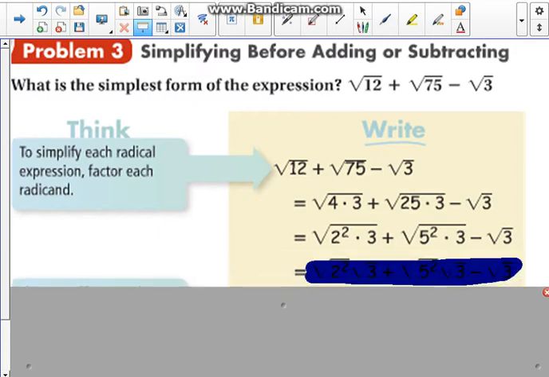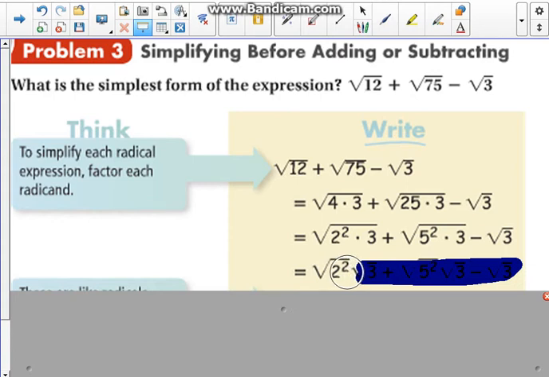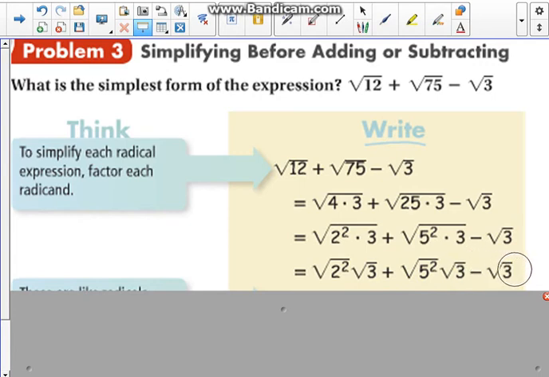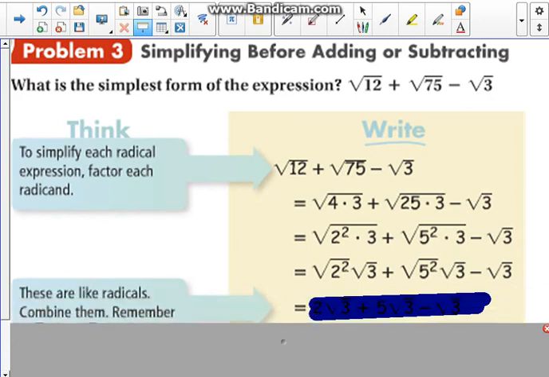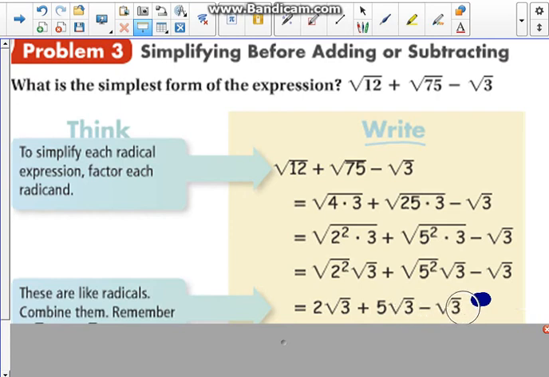Now let's continue on. So now we can separate these out. The radical 2 squared times radical 3, and then split this one up here, 5 squared radical 3, and then carrying down still the negative radical 3. And now we know that the square root of 2 squared is 2, so simplify that, times radical 3, plus, the square root of 5 squared is 5, radical 3, minus radical 3.